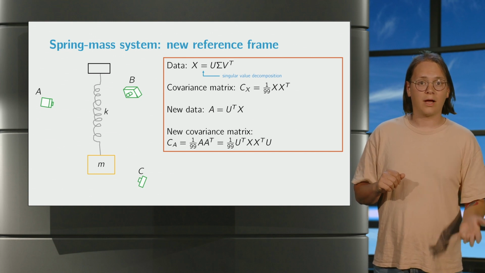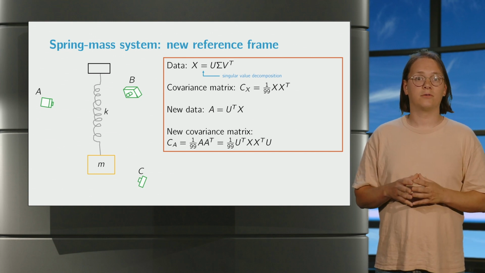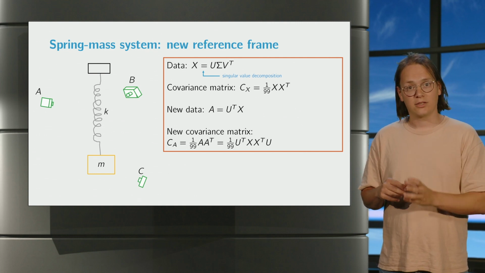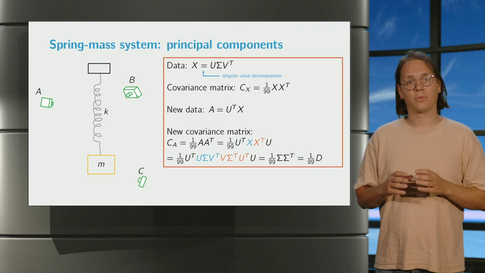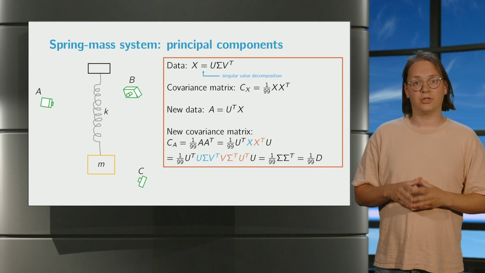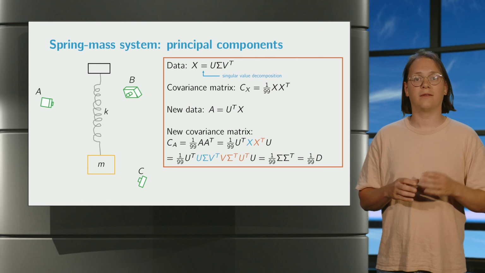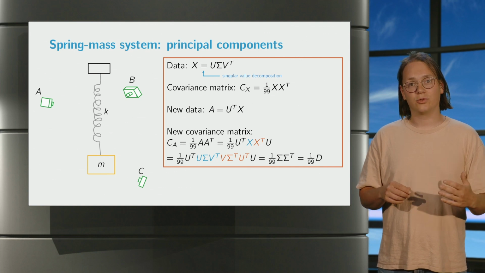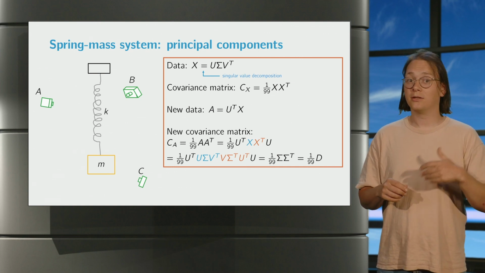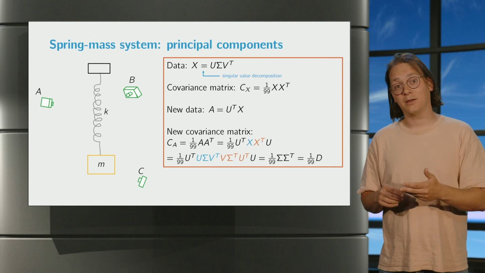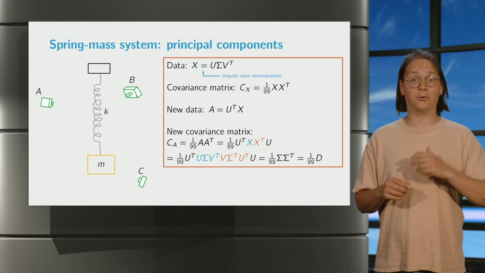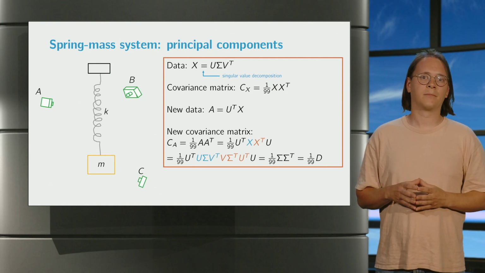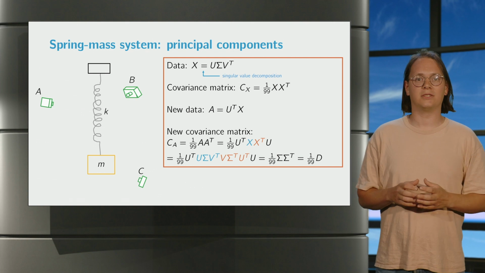We find 1 over 99 times A A transpose, which equals 1 over 99 times U transpose times X times X transpose times U. We may now plug in the singular value decomposition for X to find that 1 over 99 A A transpose equals 1 over 99 times U transpose times U times sigma times V transpose times V times sigma transpose times U transpose times U, which is simply 1 over 99 times sigma sigma transpose, since both U and V are orthogonal matrices.